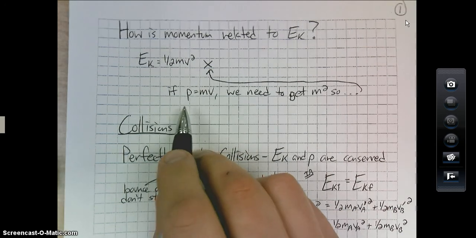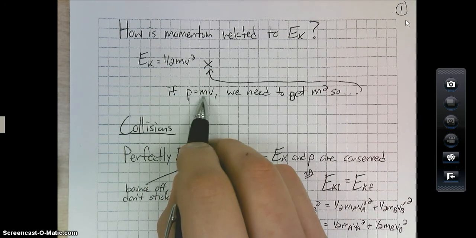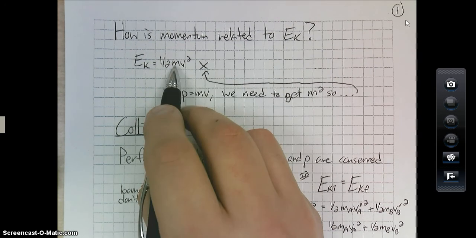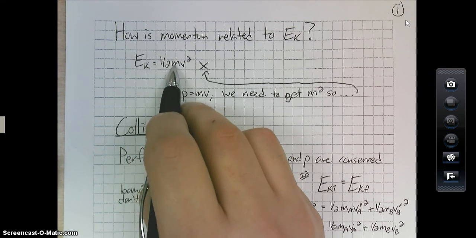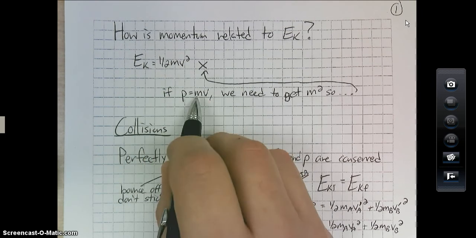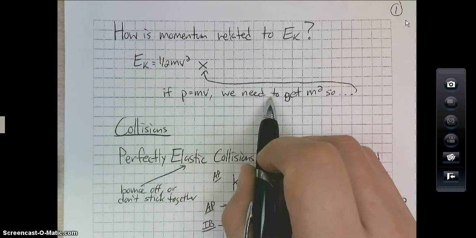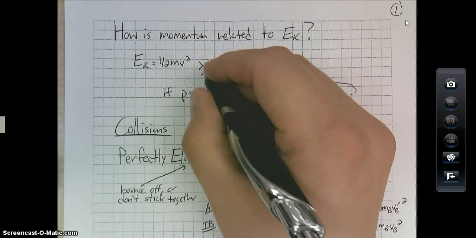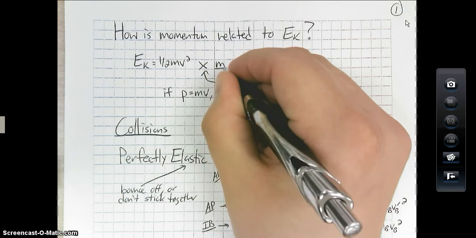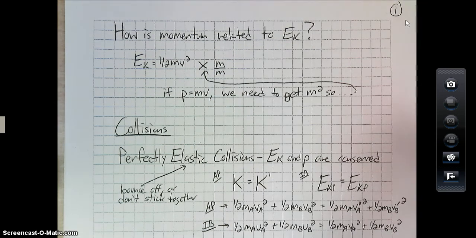Now, down here I wrote a little note that says, okay, well, if momentum is m times v, and I've got an m times v, but then I've got a squared. I can't take the square root because then I get the square root of m, and that's not in there, okay? So what I really need to do here is somehow get m squared into the equation. So what I'm going to do is multiply the top and the bottom by m, okay?